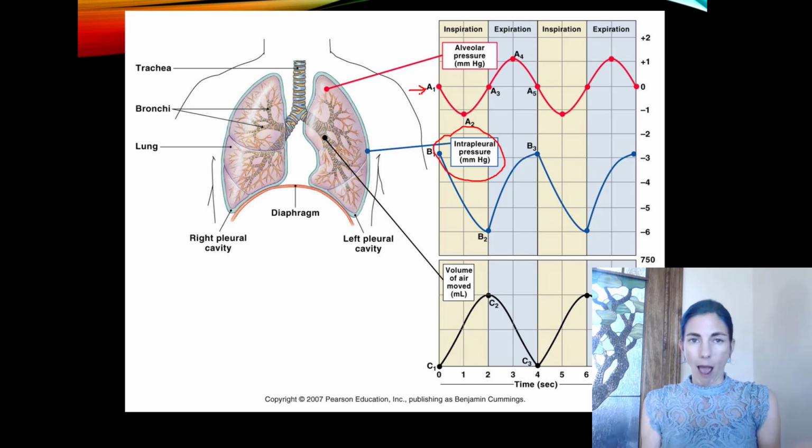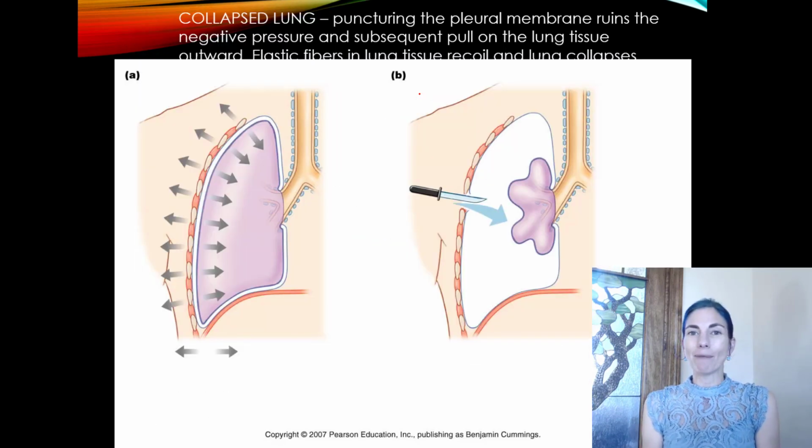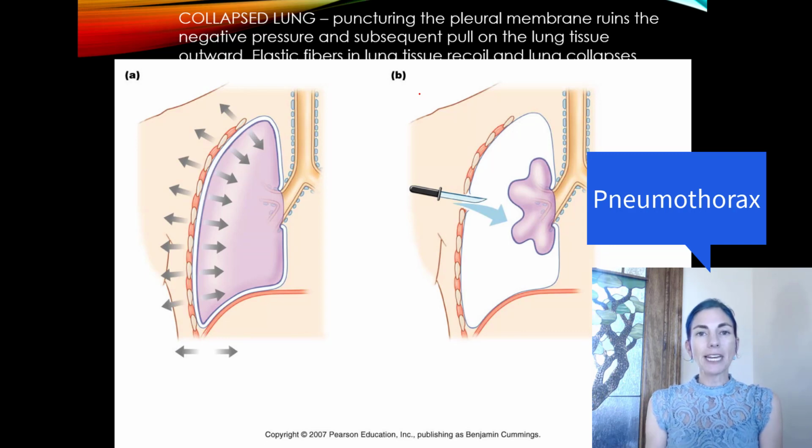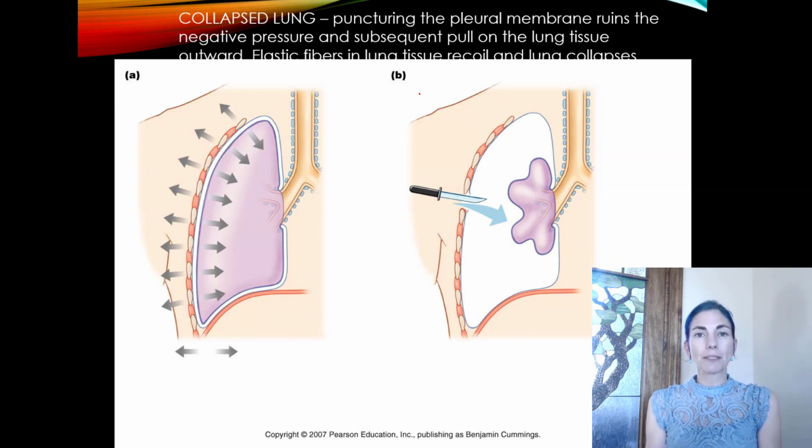Now, if this seems obvious to you, then let's take a look at a situation where that negative interpleural pressure gets ruined. That happens in what is called a collapsed lung, or a pneumothorax. A pneumothorax is where there's some sort of breach in the interpleural space.